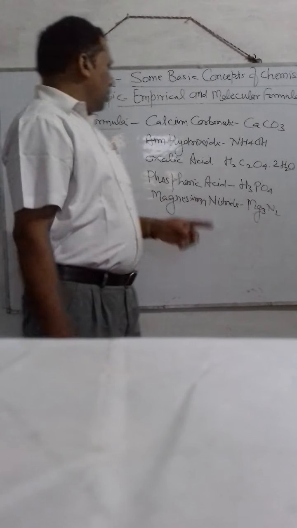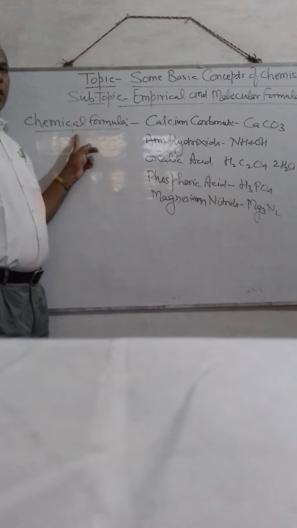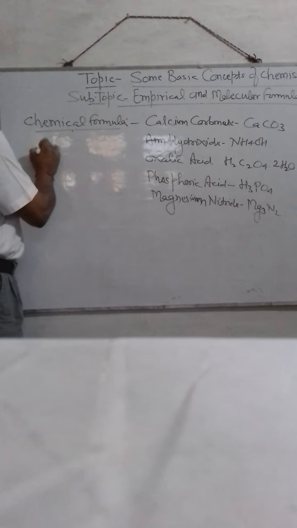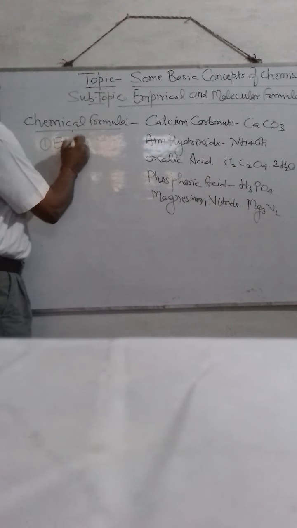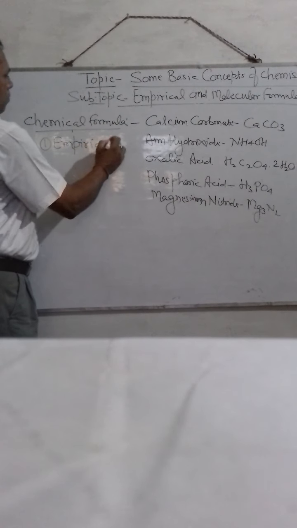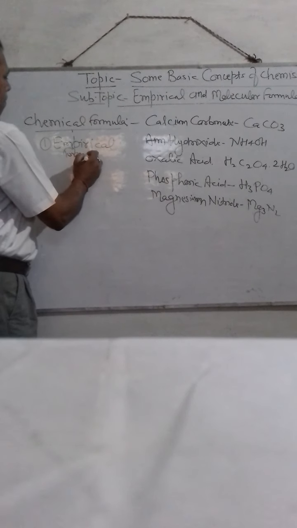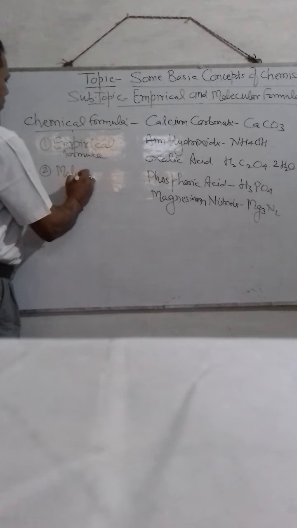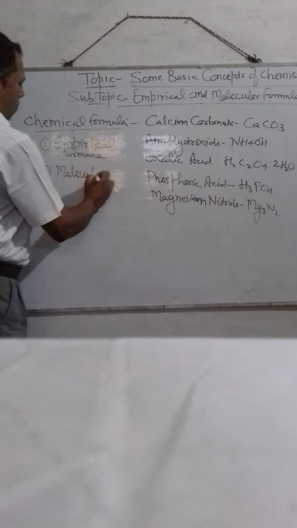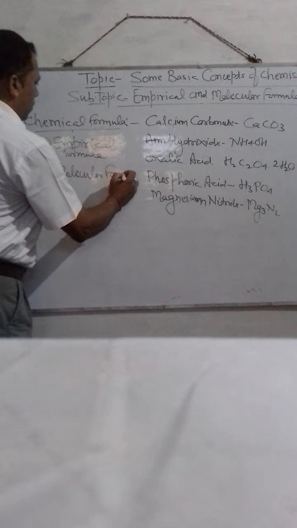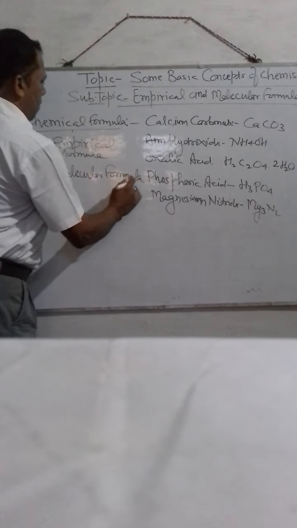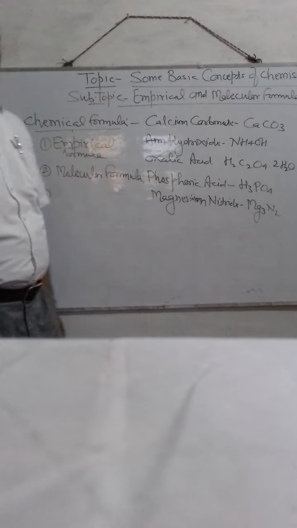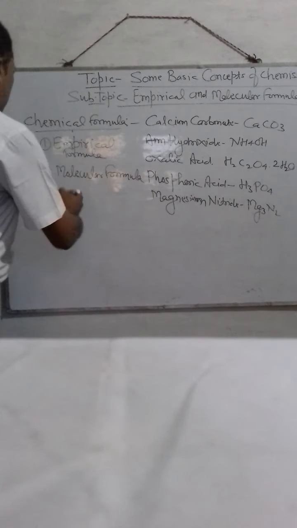And students, these chemical formulas are generally of three types: first is called empirical formula, second is called molecular formula, and third is called structural formula.